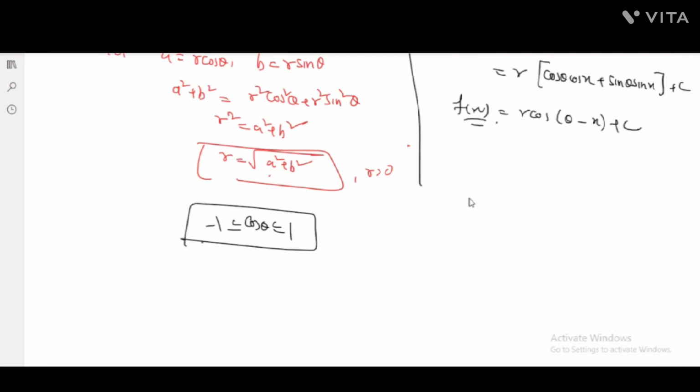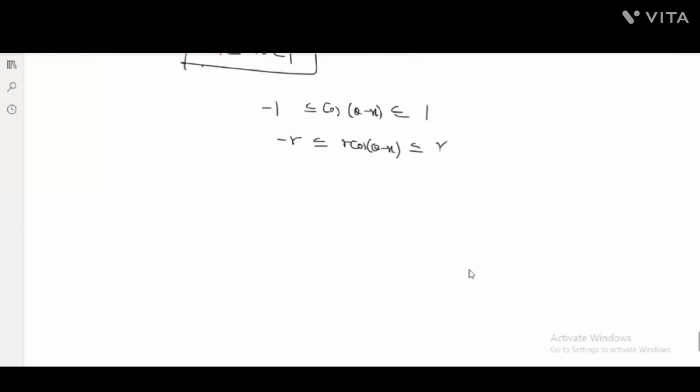When we multiply by r, r cos(theta minus x) lies between minus r and r. When I add c, it becomes c minus r less than or equal to r cos(theta minus x) plus c less than or equal to r plus c.